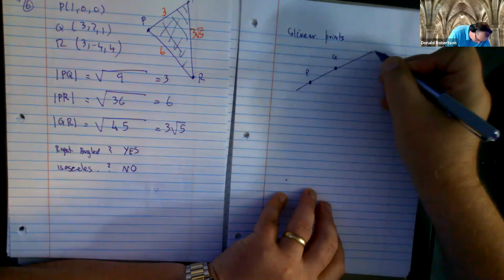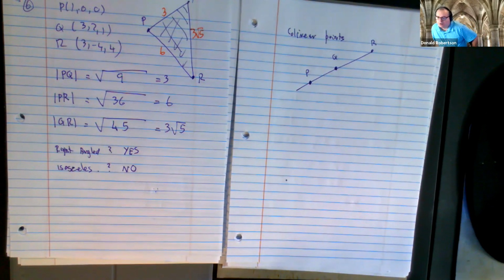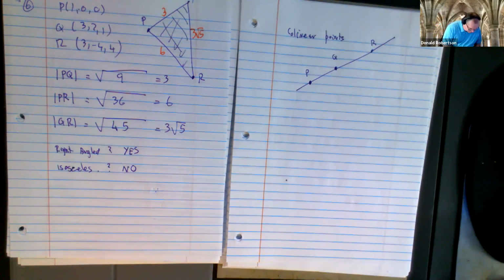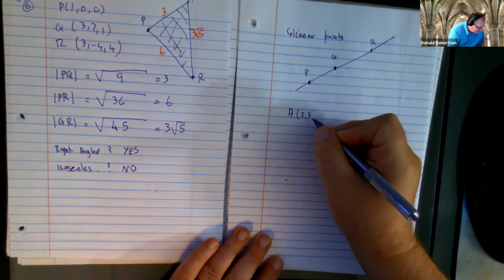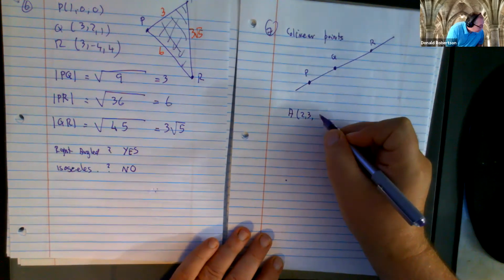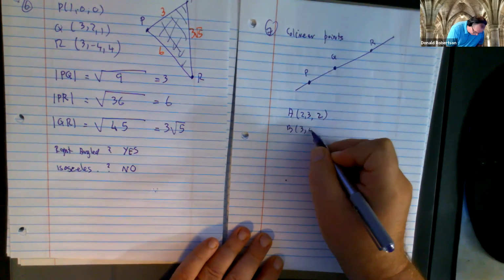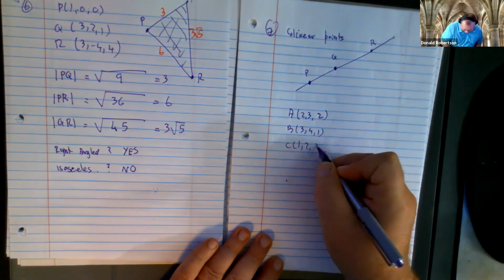I'm calling them P, Q, and R. Collinear points mean that all 3 points lie on the same straight line. And you're going to be given the coordinates of 3 points. So this is question 7. The points are (2, 3, 2), (3, 4, 1), and (1, 2, 3).